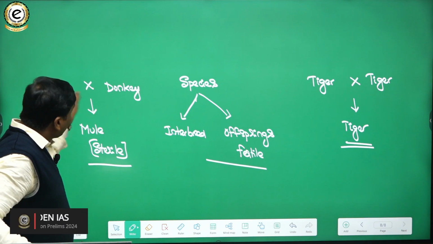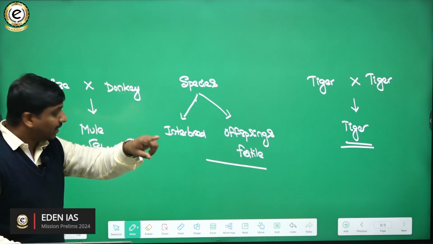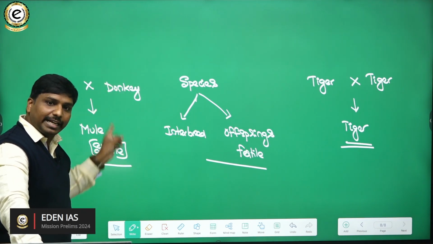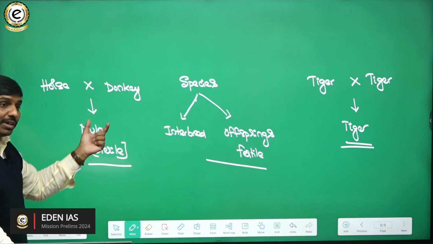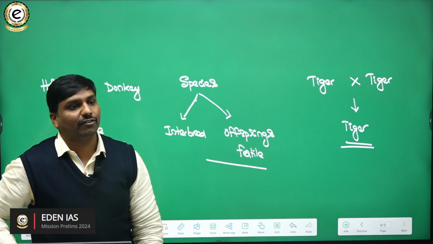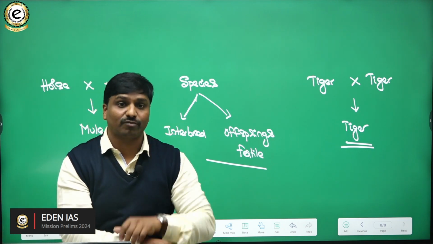You cannot call horse and donkey one species, because the first condition is fulfilled, interbreeding has been done, but what about fertile offspring? The mule is not fertile, so you cannot call horse and donkey one species.